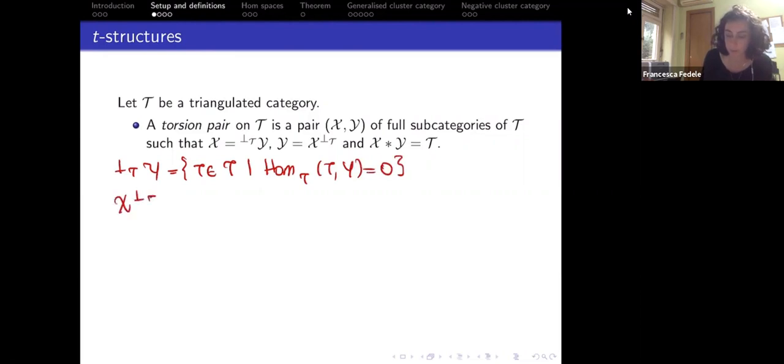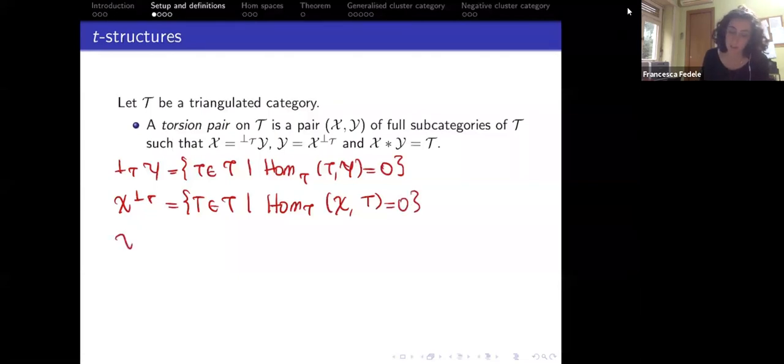Similarly, the right perp of X is the objects in T such that hom over T of anything in X comma T is 0.